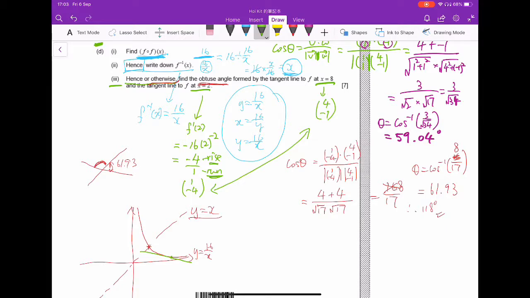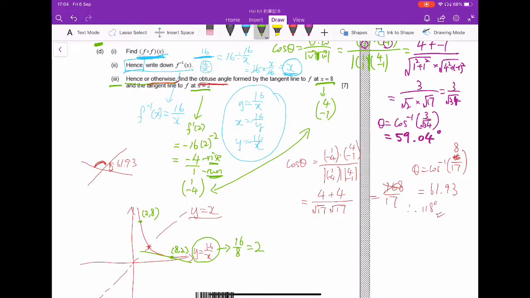Well, since our function is 16 over x, if x is 8, then that's 16 over 8, which is 2. So this point actually has coordinates (8, 2). But if you're reflecting it along the line y equal to x, where would (8, 2) go? Well, (8, 2) would go to (2, 8). So the point (2, 8) is on the inverse.